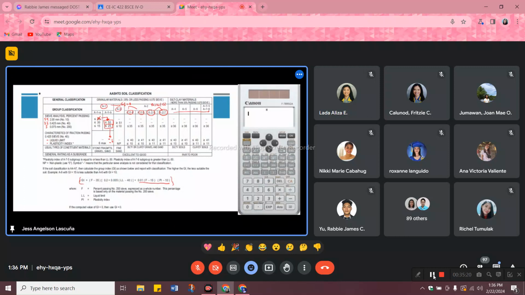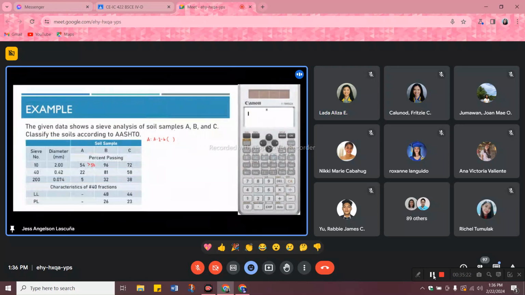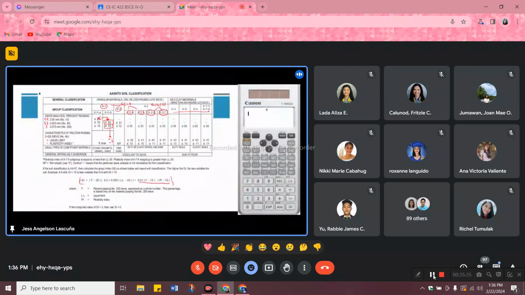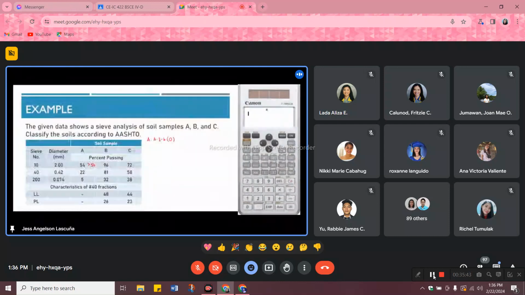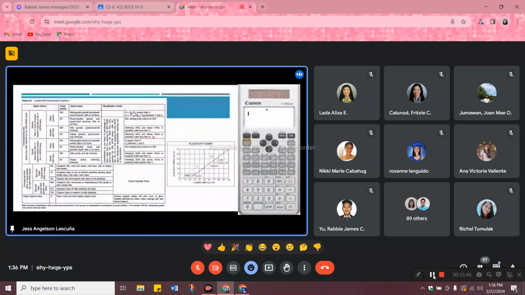Our GI is 0. So let's proceed sa soil B. Kani kanay numbers: 96, 81, 32.